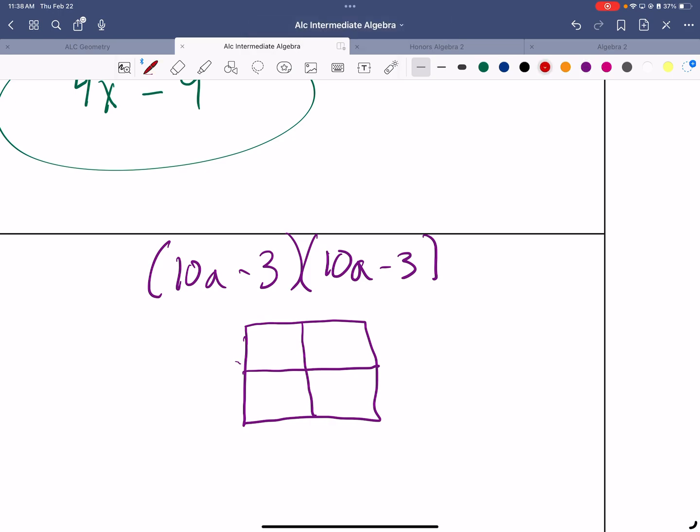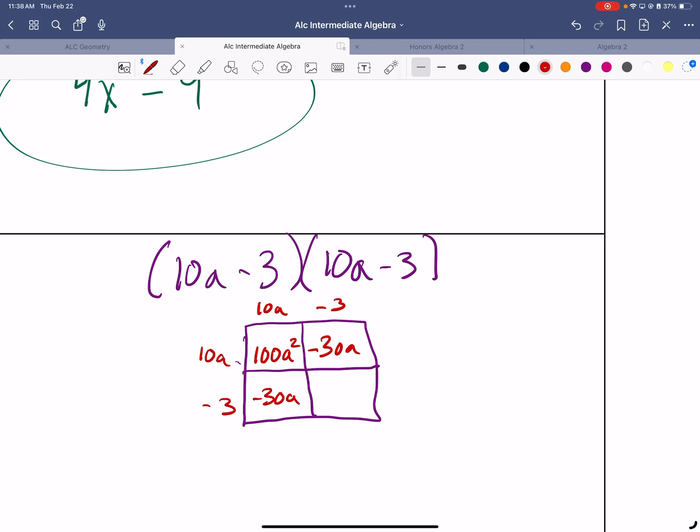We'll do it together so we can get done. So 10a minus 3, 10a minus 3. 10a times 10a, 10 times 10, 100a squared. 10a times negative 3, negative 30a. What goes in that upper right-hand corner? Negative 30a again.